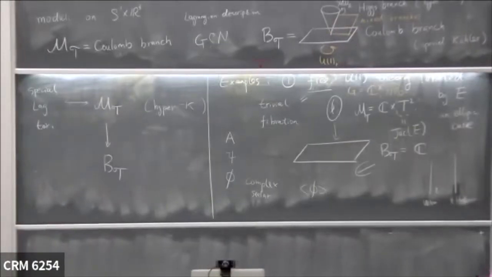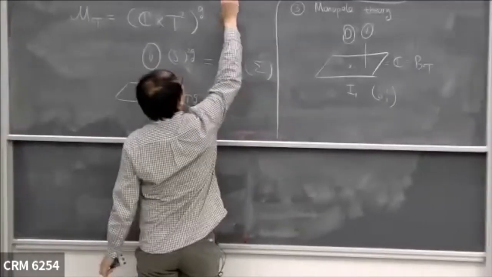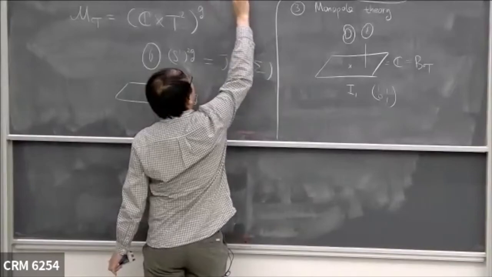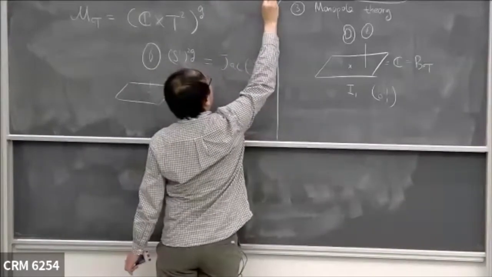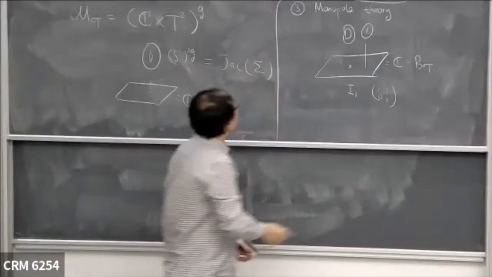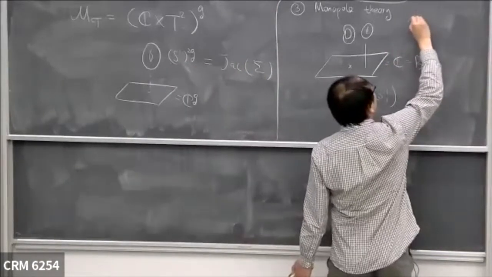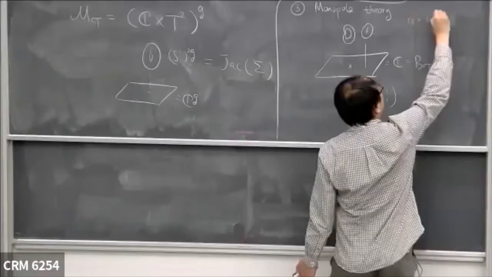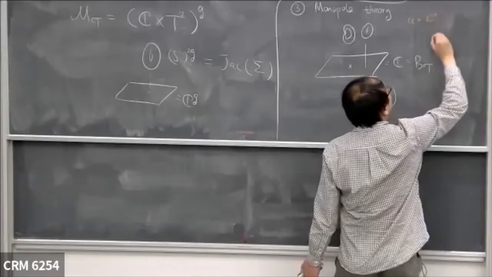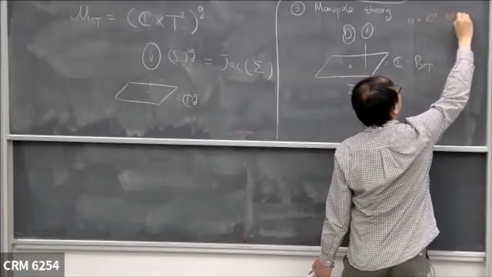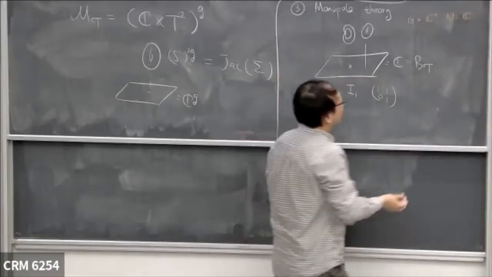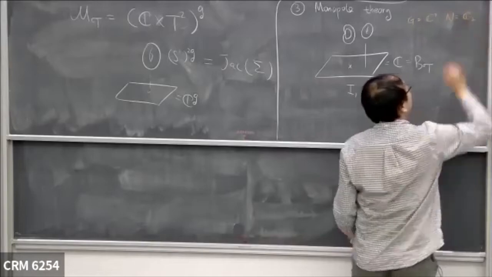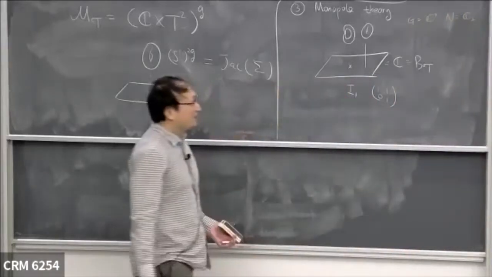In this case, it's when G equals C star, and then when N is actually the natural representation with weight 1 of the C star.